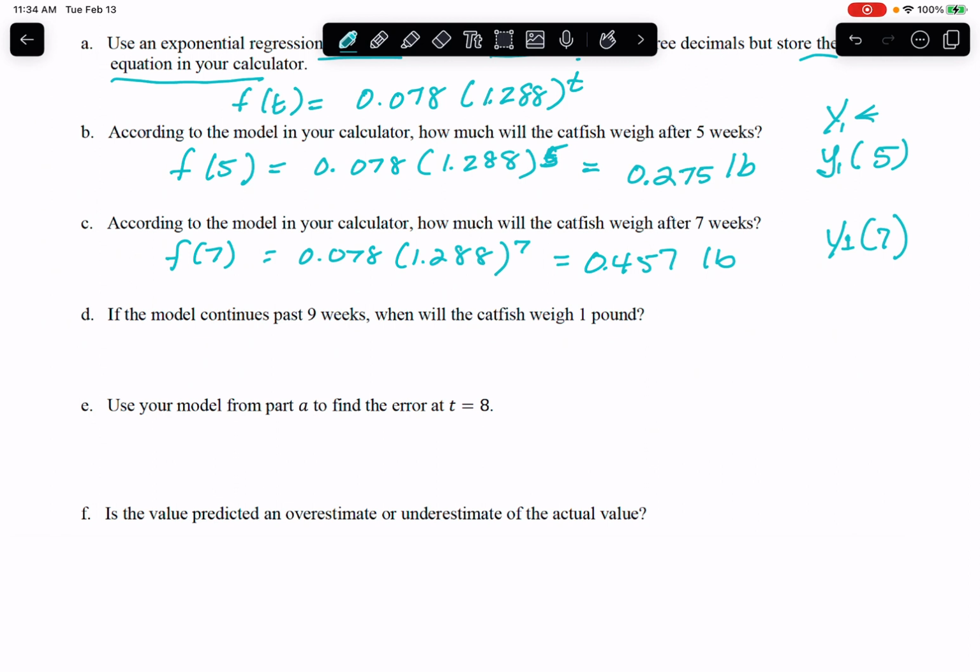If the model continues past 9 weeks, when will the catfish weigh 1 pound? So now you're going to say 1 equals 0.078 times 1.288 to the t.